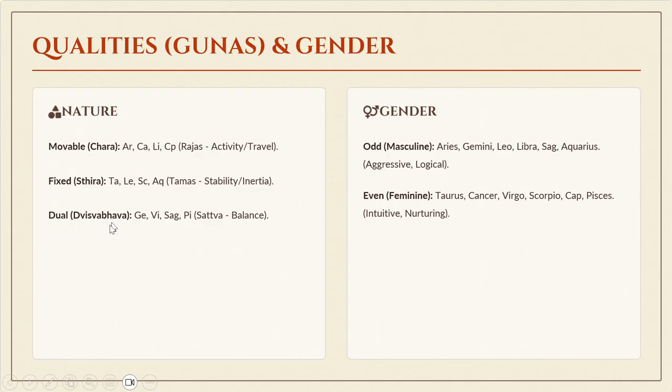Now, if someone has more planets in moving Rashis, that means he is a very dynamic kind of person. But it also makes him a bit unstable. He is likely to change his jobs again and again, maybe change his house or something.